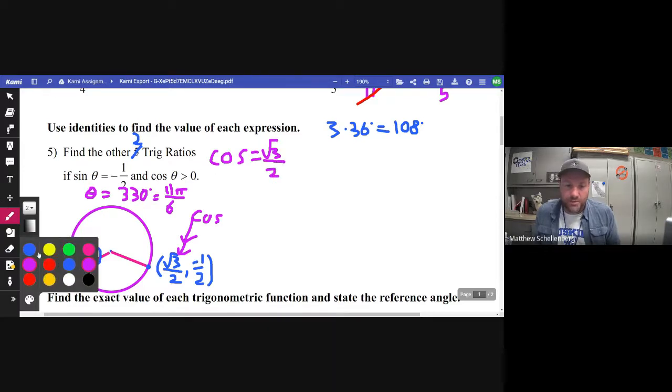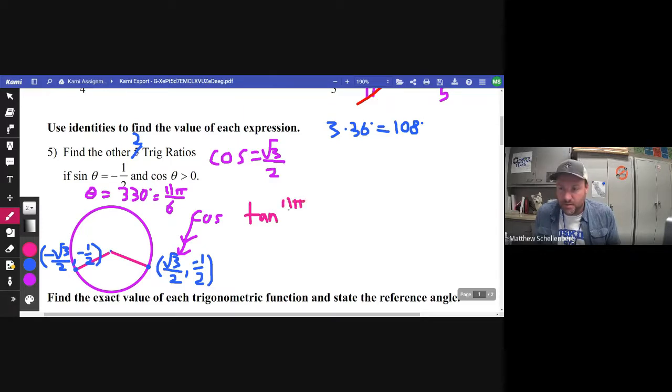And then the other question will be, what is the tangent? So in other words, what is the tangent of 11 pi over 6? And of course, if you remember, that's just the sine divided by the cosine. So this is the sine of 11 pi over 6, which we already know what it is, but I'll still write it like this, just so you can see where I got it from.